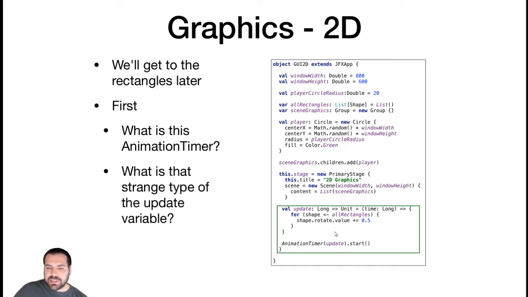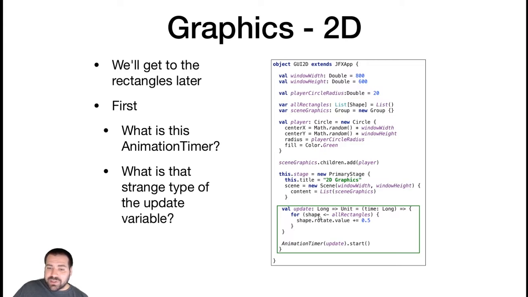So 60 times per second, whatever function is given to the action timer is going to be called by the GUI. And this is how we can get some movement, some fluid animations in our GUI, by using this action timer, telling it to start. That's going to call whatever function we give it 60 times per second. And the long that it's given is going to be a timestamp, just like in Clicker, where we have that timestamp that we're working with, that System.nanoTime. We're going to get a timestamp, and then we can do whatever we need to do with that.